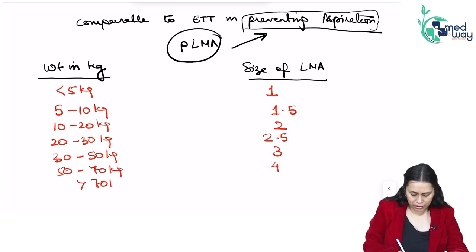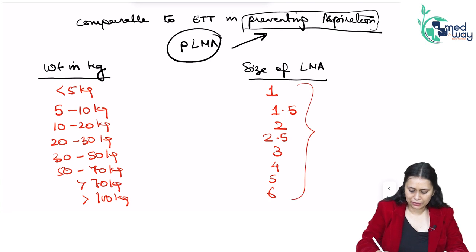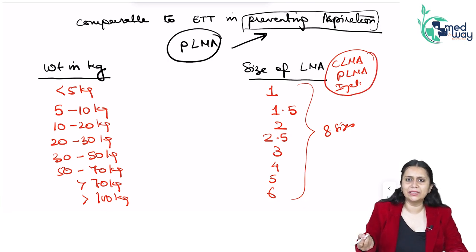More than 70 kg, 5. And more than 100 kg, 6. So total 8 sizes, for all the 3 devices, the classical LMA, the ProSeal LMA and the iGel. All the main devices which we use, we have all the sizes available.